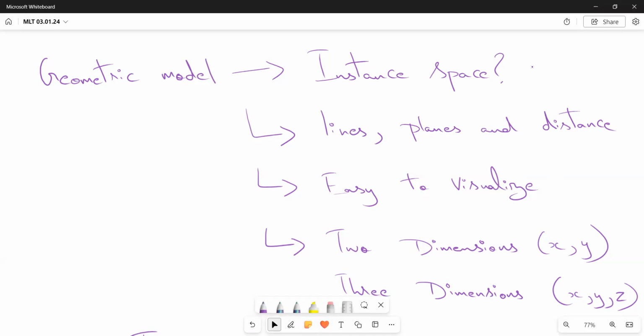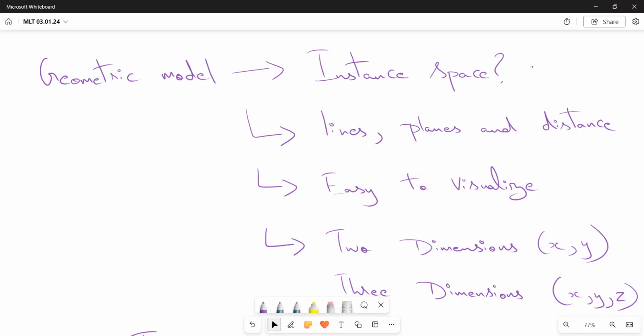An example of a geometric model would be the nearest neighbor approach, which I think you've heard of. It can be employed in classification and regression problems. Geometric modeling in machine learning is a class of models that describe and process data using geometrical ideas and methods.